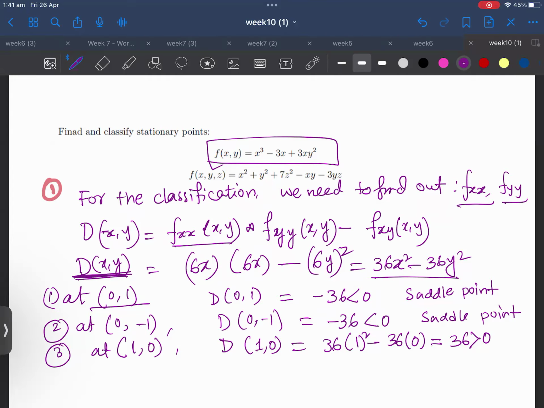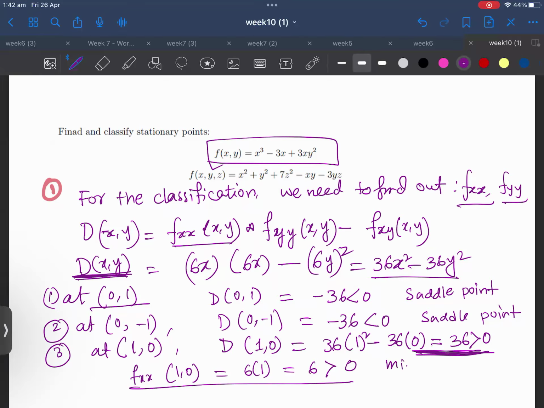When it's negative, then it is a maximum point. So f xx at 1, 0 is 6, positive, so this is your min point.